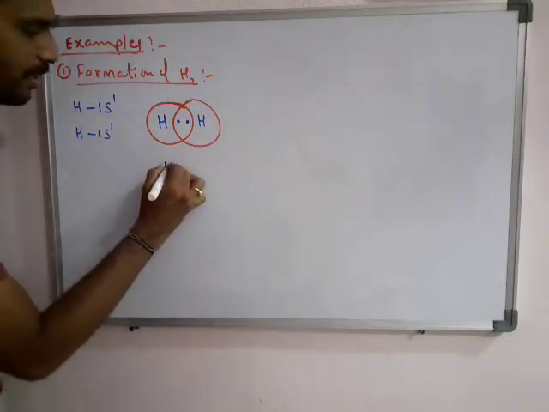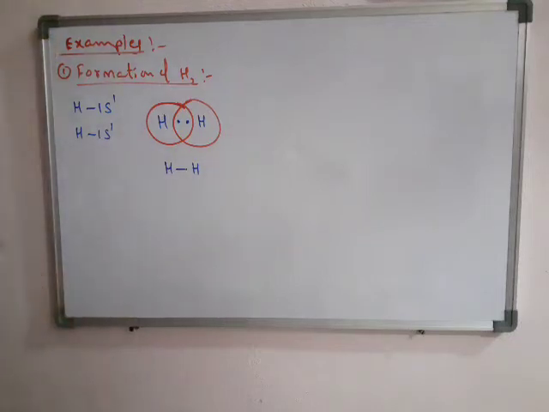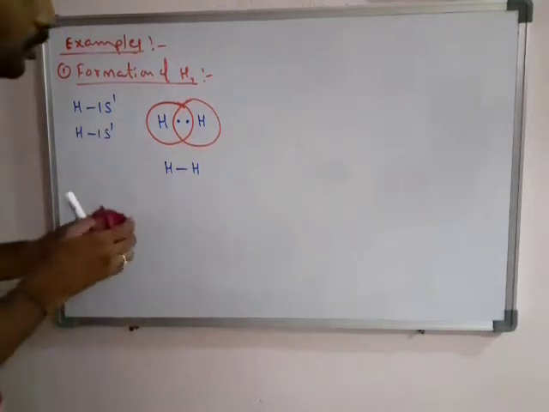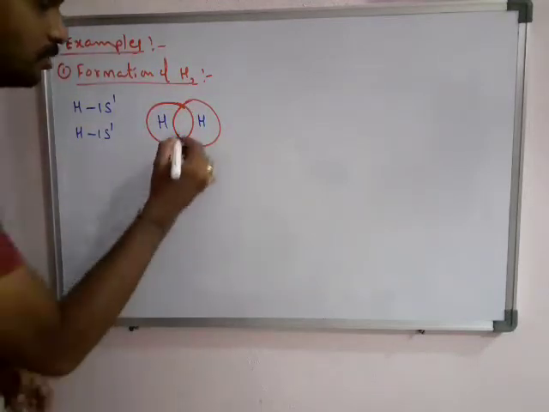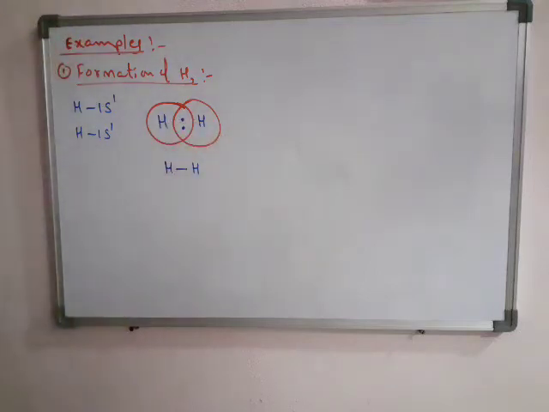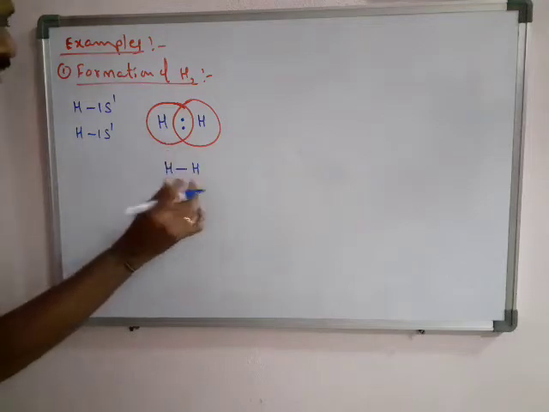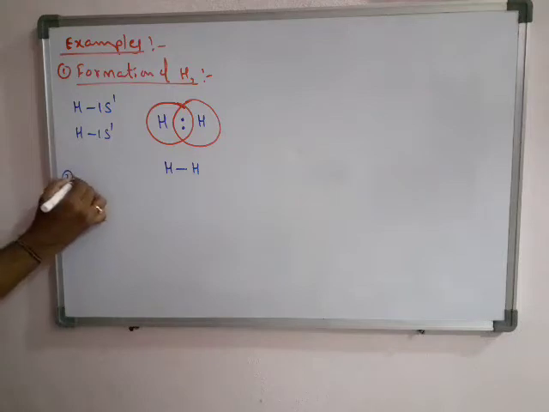So one pair of electrons shared can be written as H-H. This electron position can be written as per our choice. Means here hydrogen gains which configuration? Helium configuration. Now see the second example.